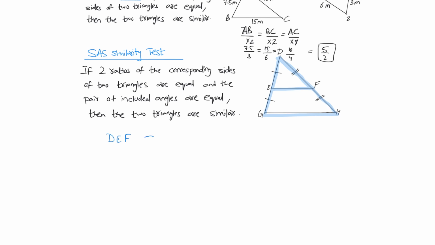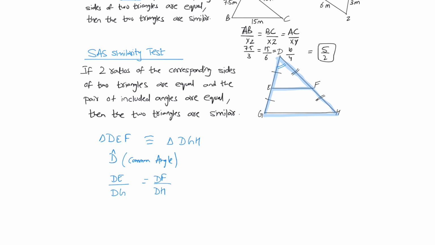DEF is similar to triangle DGH because angle D is a common angle. Okay, that's an included angle, and the ratio of DE upon DG must be the same as DF upon DH.